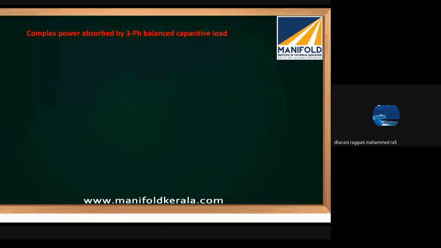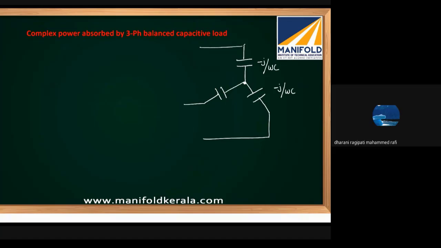Similarly, if you take the complex power absorbed by a pure capacitive load, the impedance is minus j by omega C. I'm directly writing in the impedance form. Again the complex power absorbed formula is VL square by ZL conjugate.